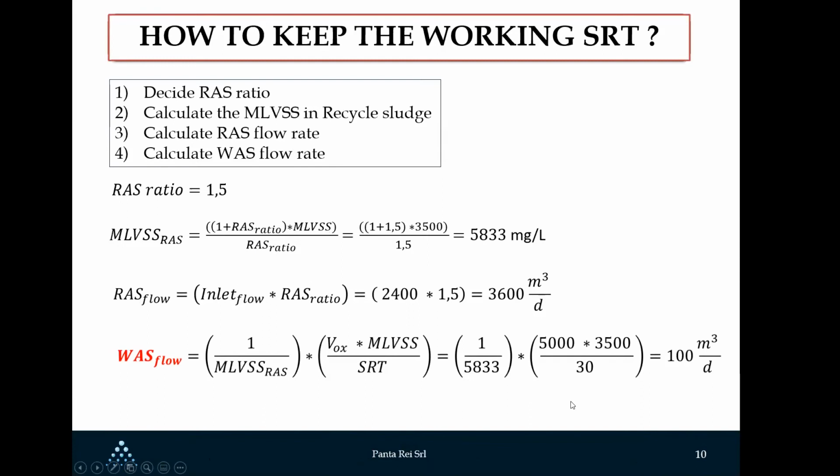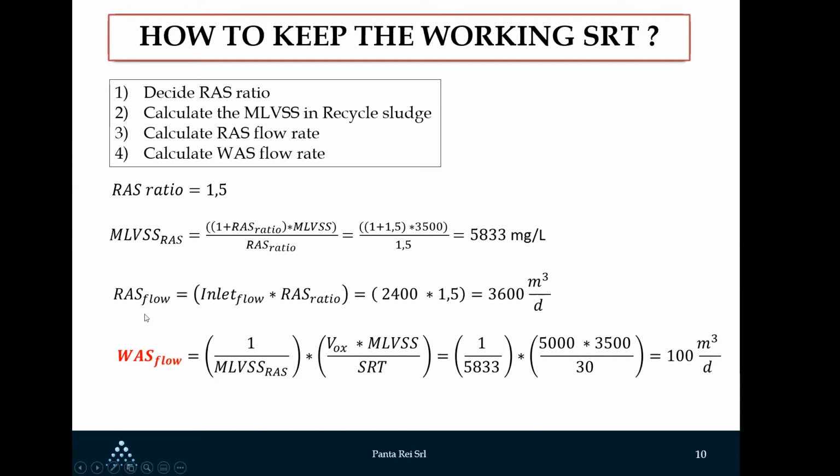And at the end, using this formula, we can calculate the waste activated sludge flow because we know the SRT, we know the volume of the oxidation tank, we know the concentration of MLVSS, and we also know the concentration of MLVSS in the recycled sludge.